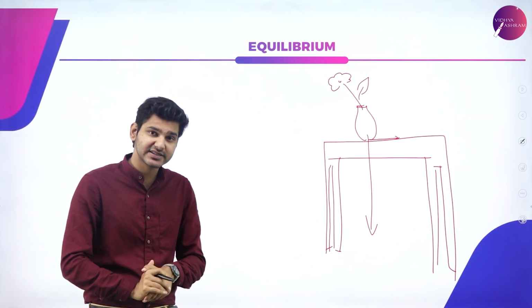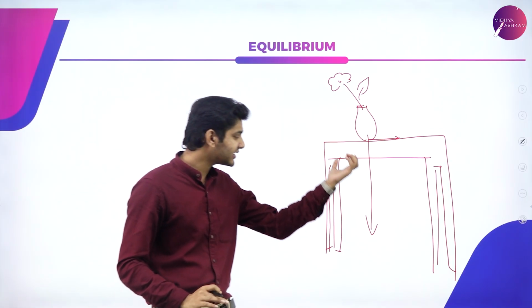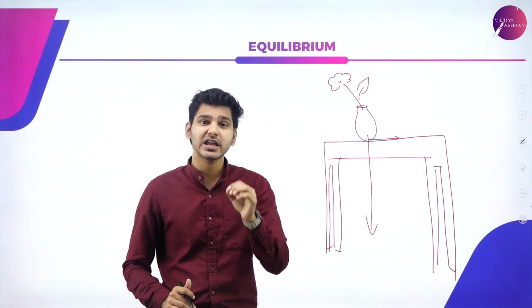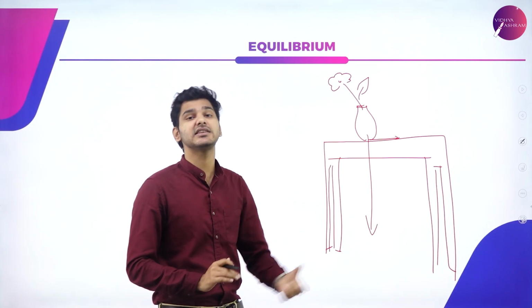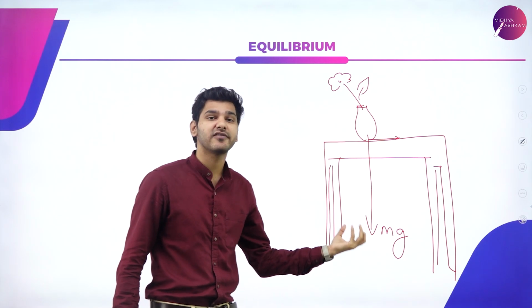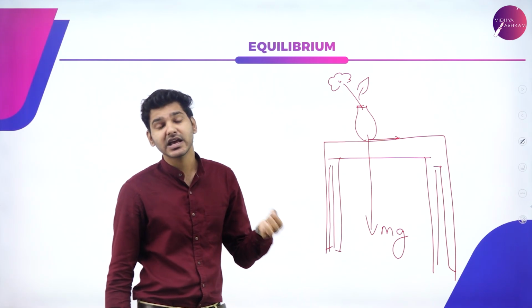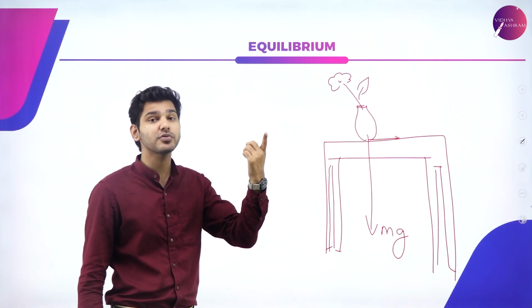The simple reason is that even though there are several forces acting in different directions, there are equal amounts of forces which balance out the imbalances in these forces. That is, if gravity is pulling down on this flower vase with G force, then there is a component which is acting directly opposite.